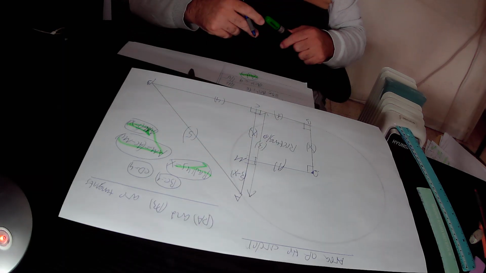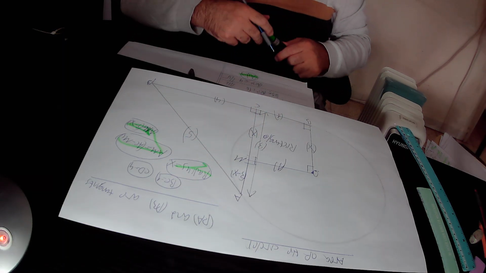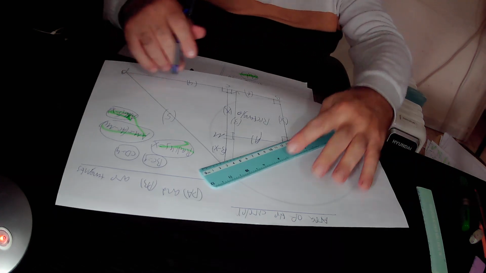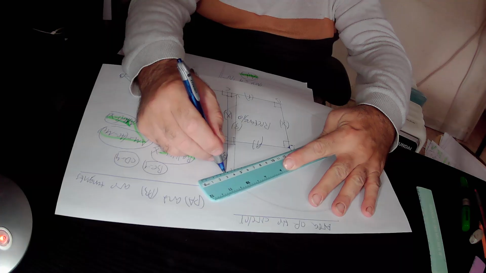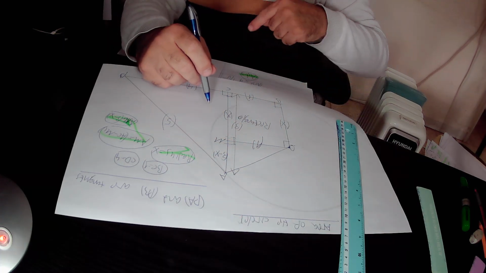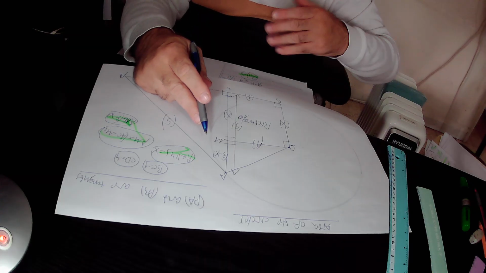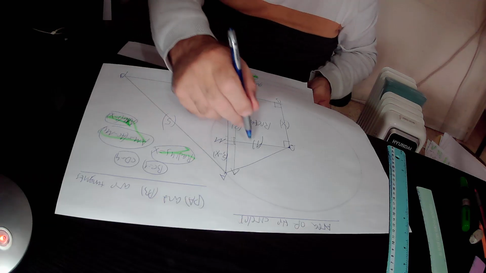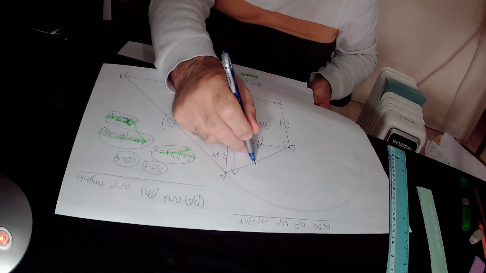In the next step, we join points O and A together by a straight line. Point O is the center of the circle, point A is a point on the circle itself, therefore OA is the radius of this circle. This is equal to x according to our definition.